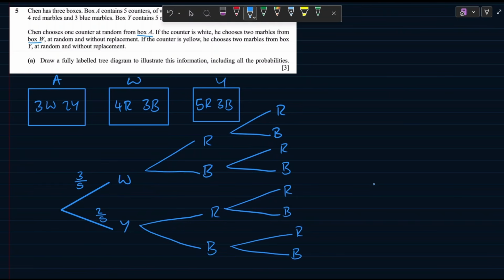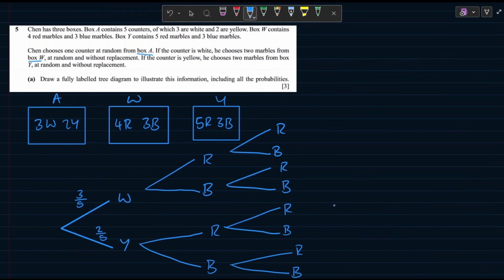Okay, now let's see. So if Chen picks a white counter, Chen is going to pick 2 marbles from box W. So the first marble, to get red, we're going to have a 4 out of 7 chance, which means to get blue, we're going to have a 3 out of 7 chance. They mentioned that Chen is picking without replacement.